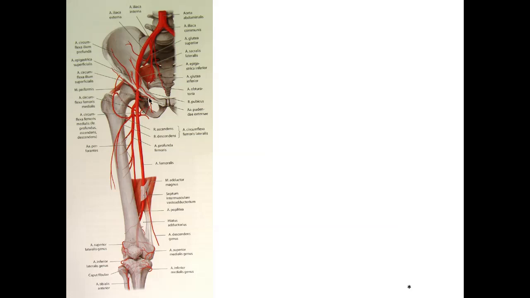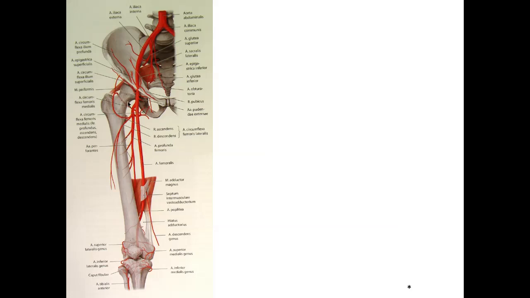Inguinal ligament, and arteria iliaca externa becomes arteria femoralis. And here, quite high, close to the inguinal ligament, we can divide it into arteria femoralis profunda and arteria femoralis itself.